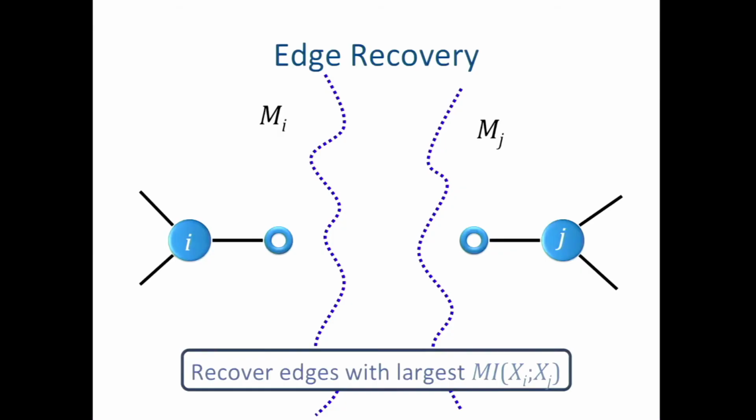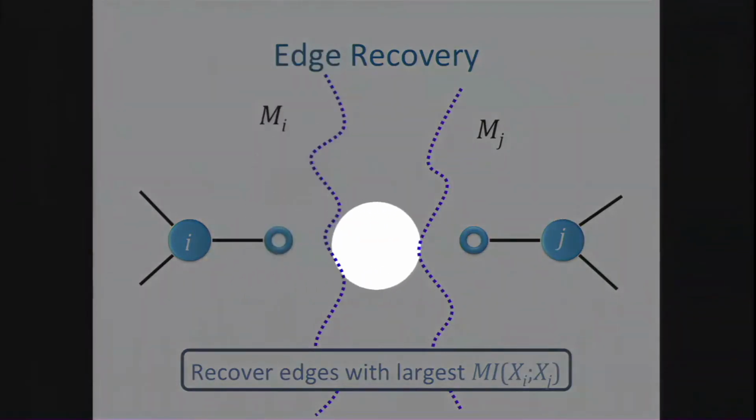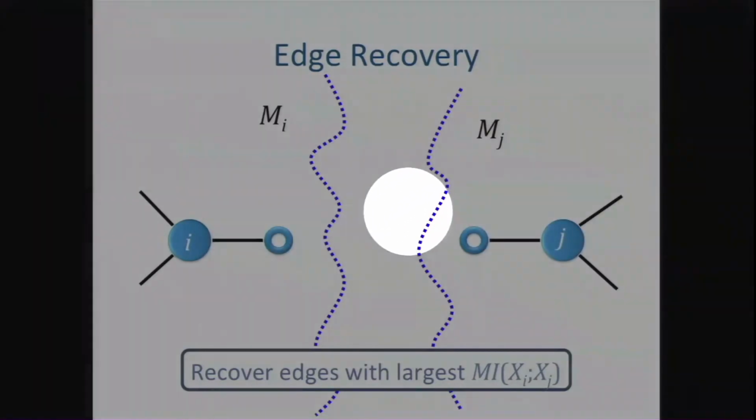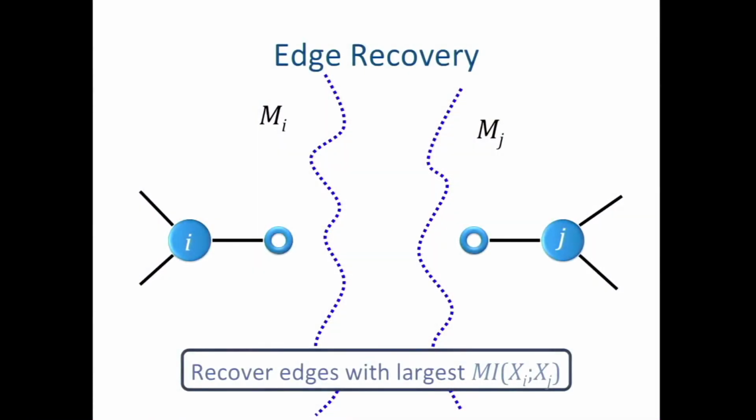Here's one of the heuristics. What did I do here? I deleted this edge, so I'm ignoring the fact that this and that are equal, correct? I can look at the mutual information between them. Remember what the mutual information is? It's this number that gives you a sense of how independent they are from each other or how dependent. As the mutual information is high, that means they depend on each other.